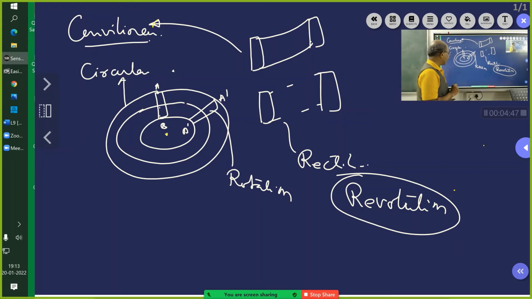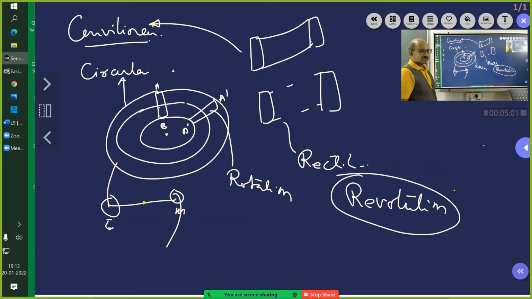There is a lot to this. In fact, one more thing: this is Earth and this is Moon, and both are moving. Actually, if you take this axis, somewhere in between you have a point around which both of them are rotating.